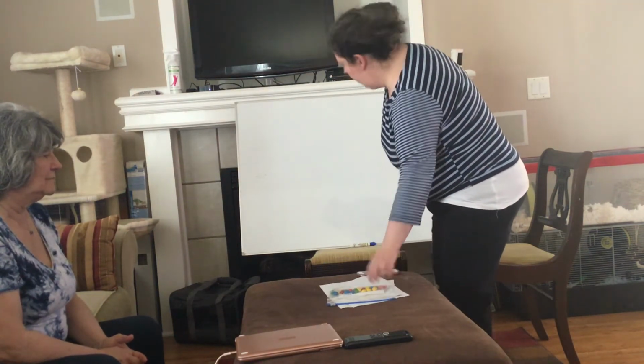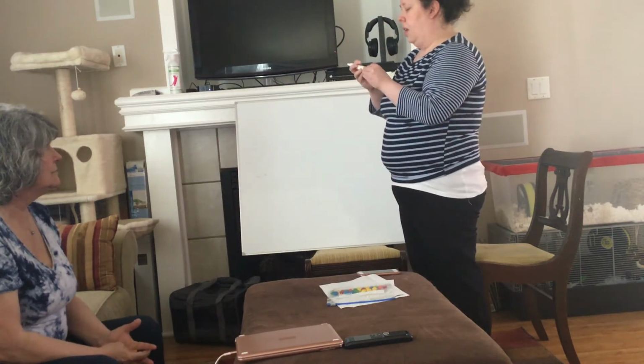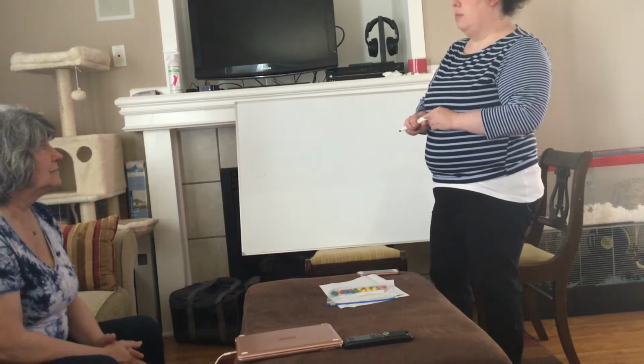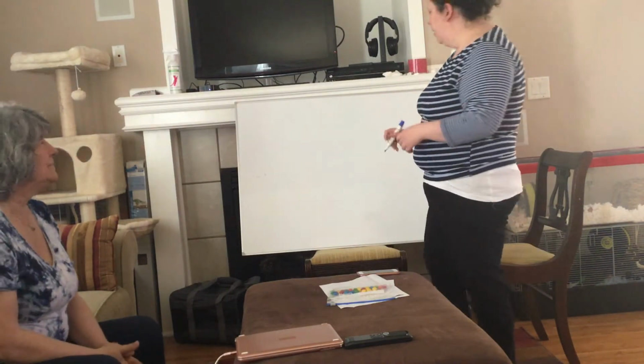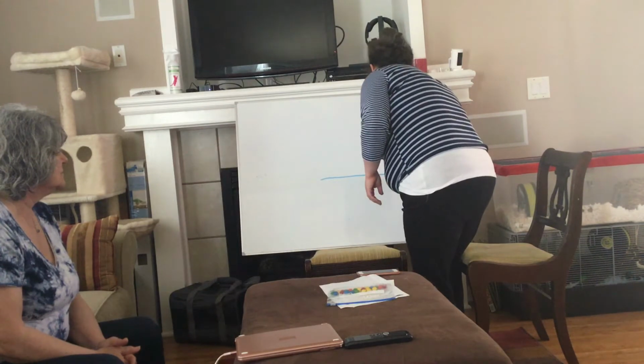So who can remind the class what is one of our axes that we talked about? We have two. We have the vertical one and the horizontal one. Who remembers what the horizontal one is called? Gail? X. So when we're graphing, we have our x-axis that goes along like this.